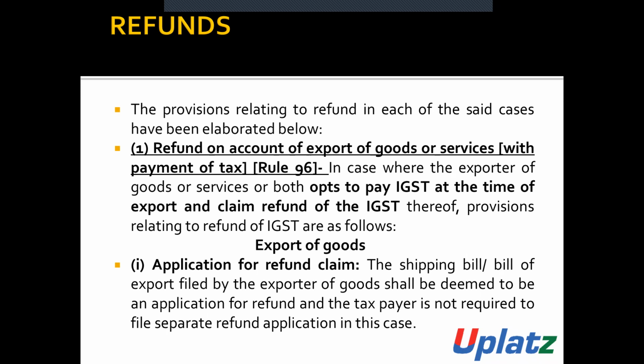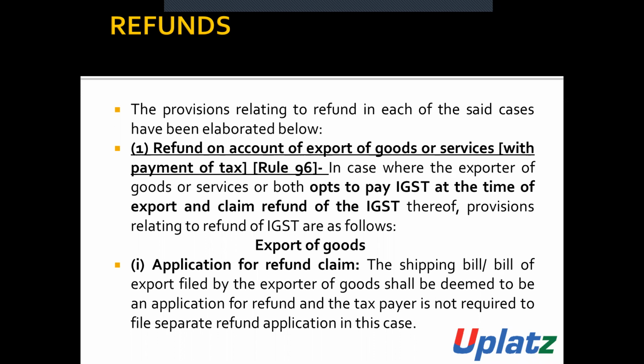The shipping bill and the bill of export filed by the exporter of goods shall be deemed to be an application for the refund, and the taxpayer is not required to file a separate refund application in this case.